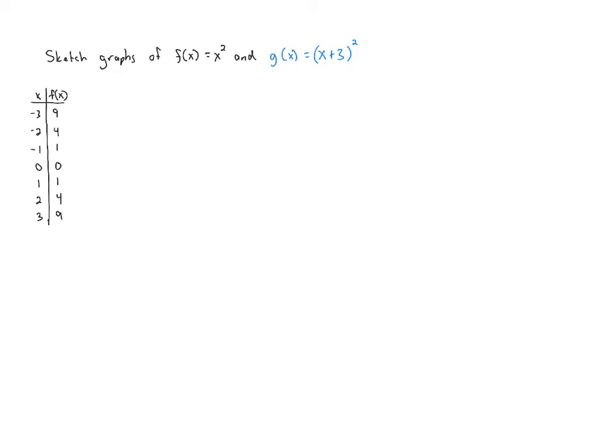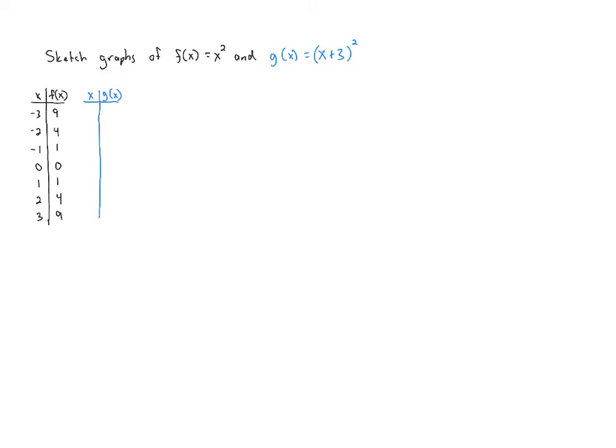Now, we're going to make a table of values for g of x. And we could pick any values we want. We could pick the same x values. However, I am going to choose very particular values because I want to pick the values that are going to give us the most helpful information.